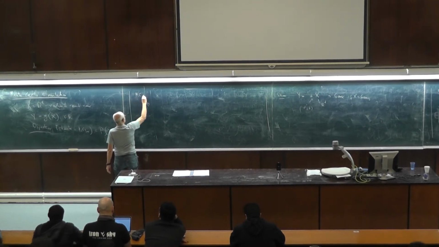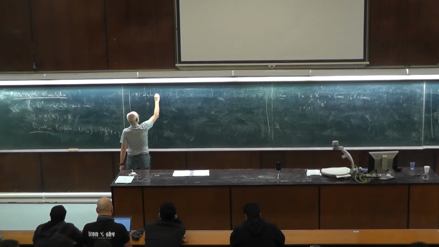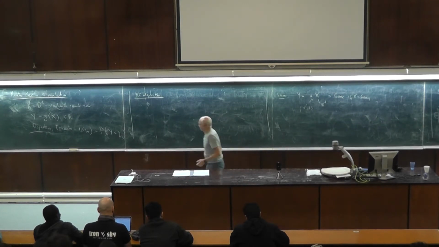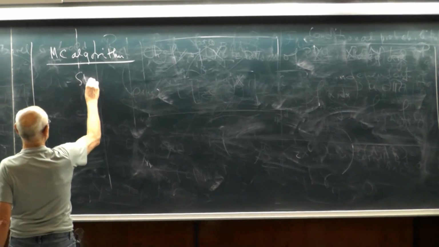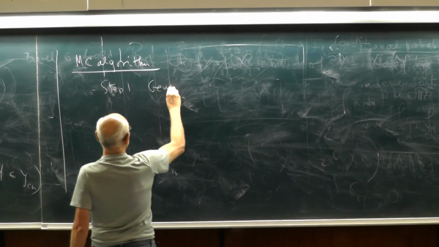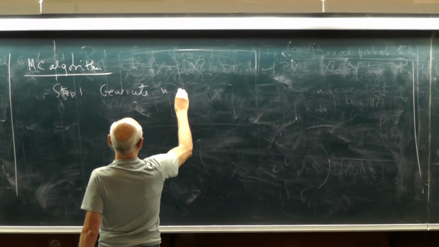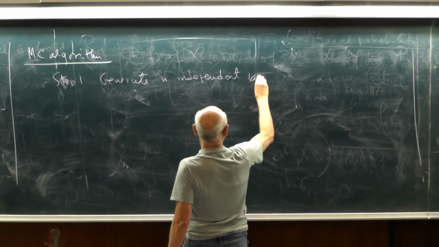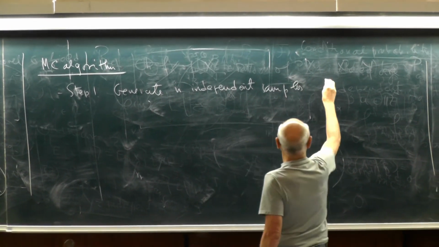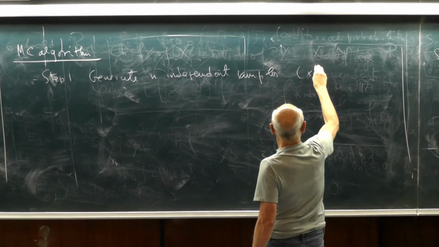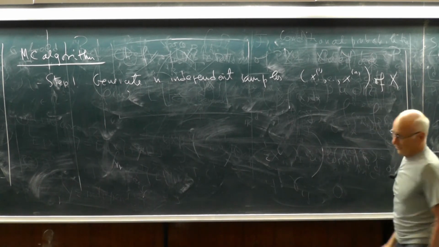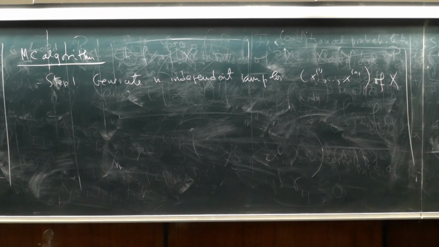So, the algorithm is the following. Step 1, generate n independent samples, call them x1 up to xn, of X. We are going to discuss later on how we produce such samples.